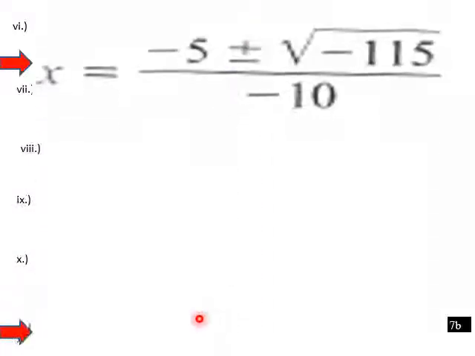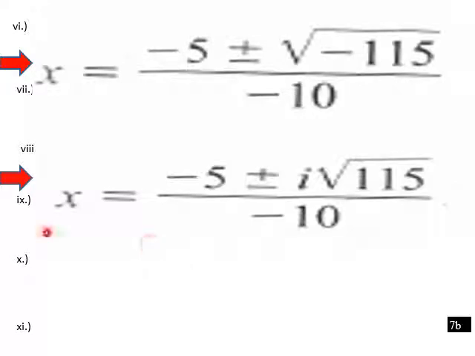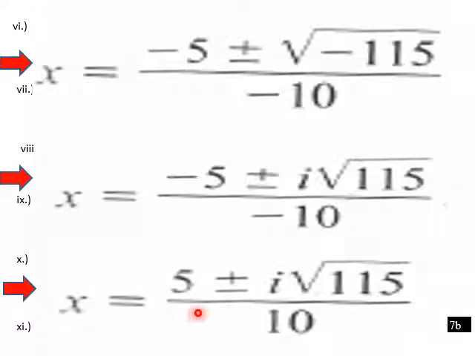We simplify those numbers, and we get negative 5 plus or minus radical negative 115 all over negative 10. And since we're taking a radical of a negative, we pull out our negative 1, negative 5 plus or minus i times radical 115 over negative 10. And then we factor out our negative 1's here.